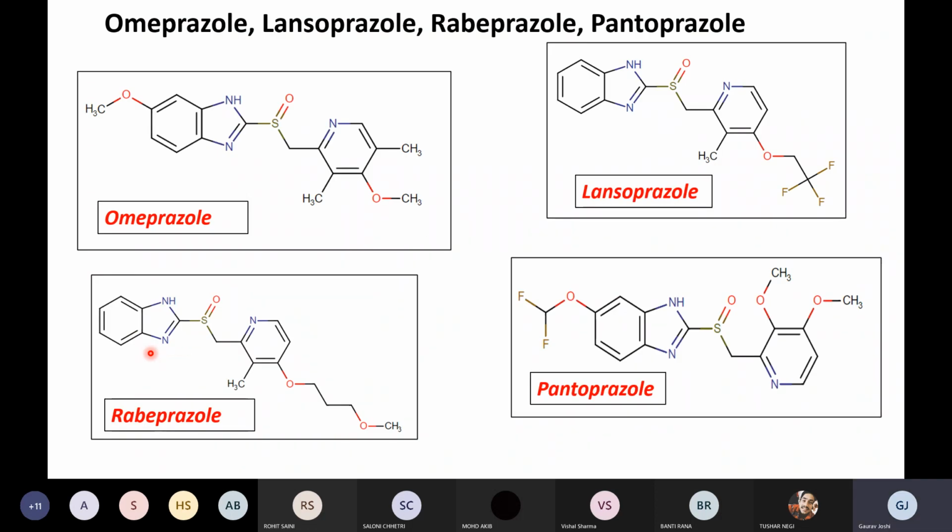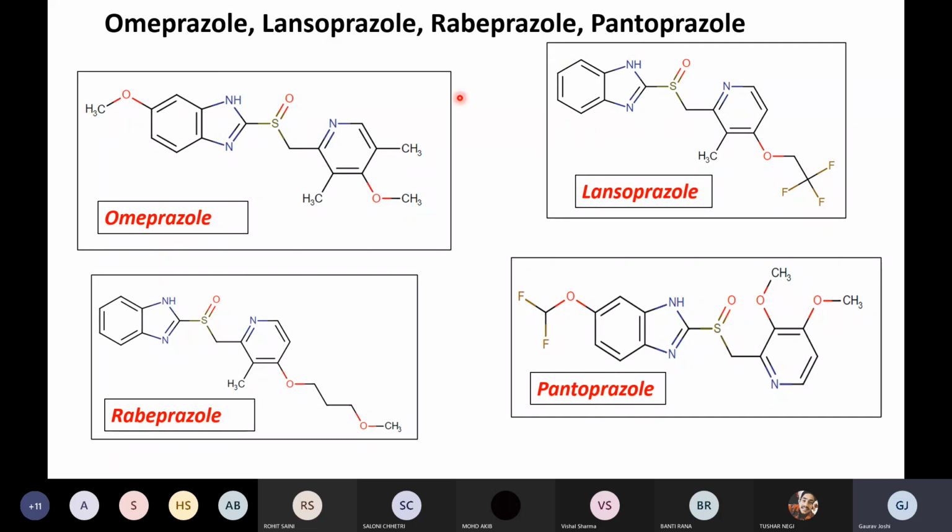So in your syllabus, these are the following 4 drugs. Now the common thing in all the drugs is the benzimidazole molecule: omeprazole, rabeprazole, pantoprazole, and lansoprazole.